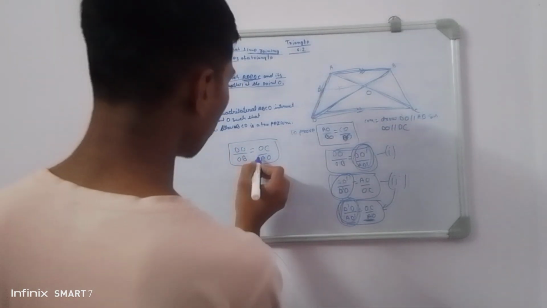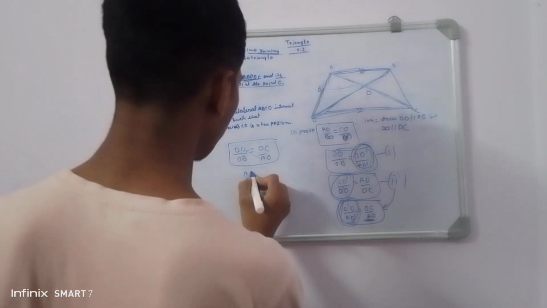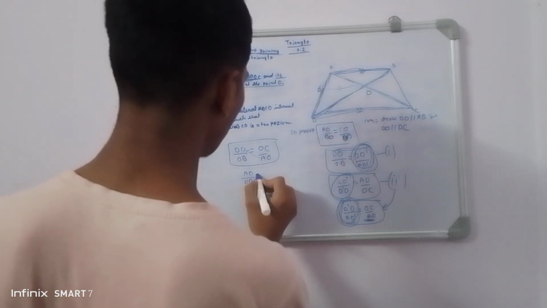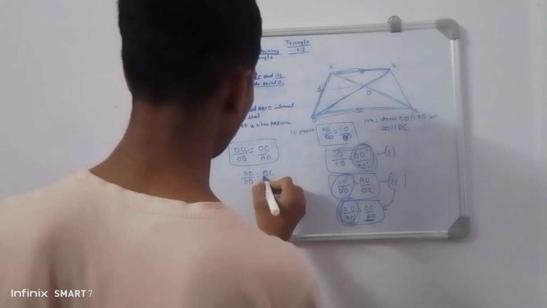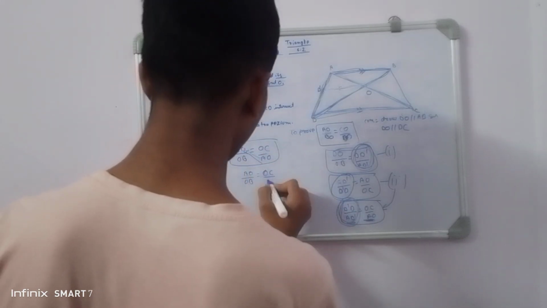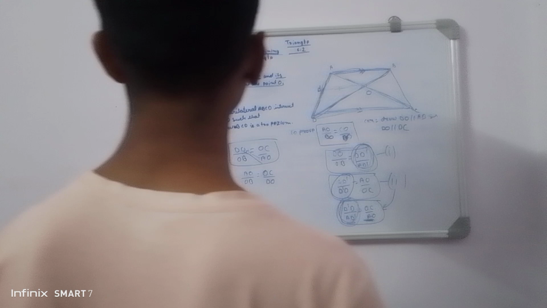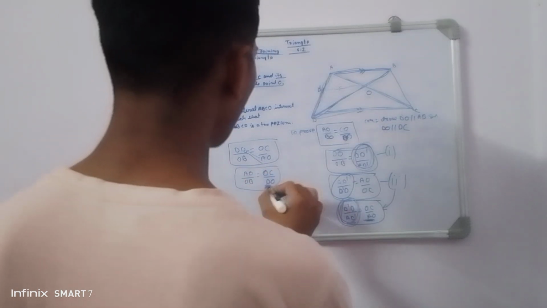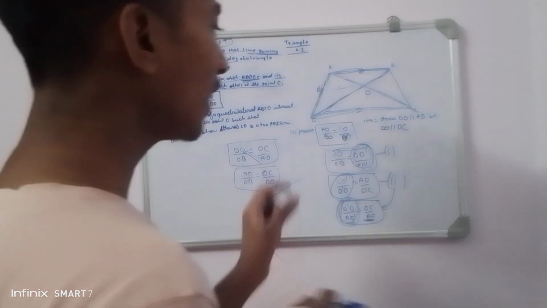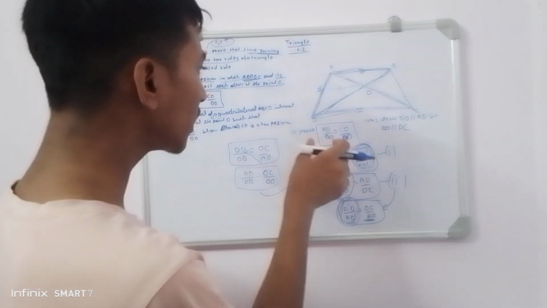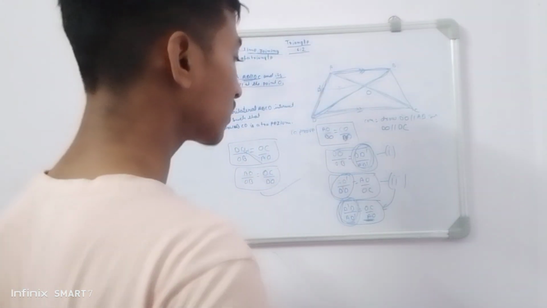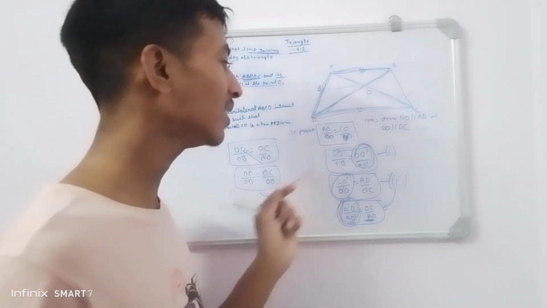AO, we have to cross multiply. So here you will get AO and here we have OC, and this is what we have to prove, and as we get the answer, I think you understand how we get to this answer, and this is a very interesting and easy question.